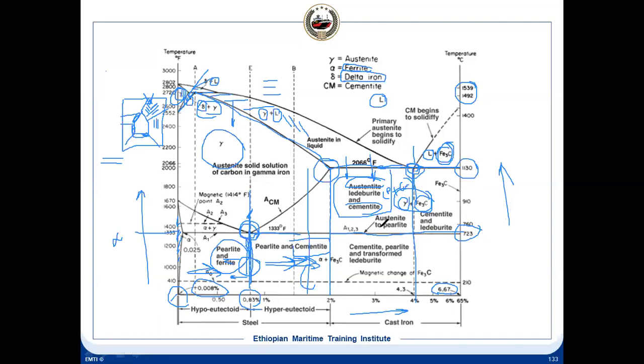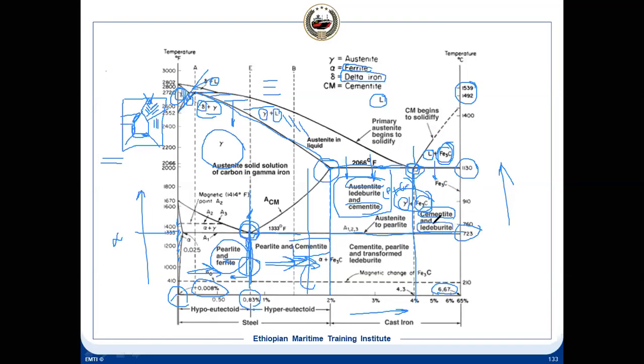And after that, let us see this side first. On this side we have the liquid and carbide. Once it cools down, what will happen? It will become primary cementite. Here the primary is austenite. Here the primary is cementite, because the carbon content of Fe3C is a very high percentage, plus some ledeburite.